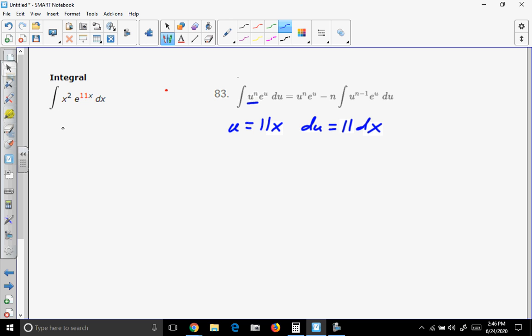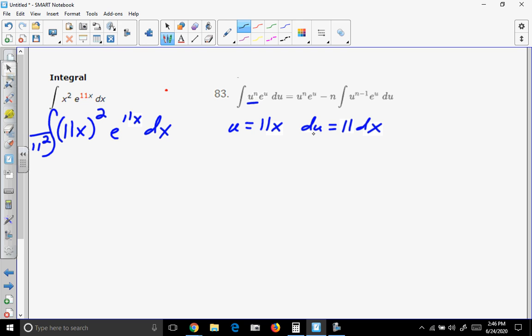We could make that 11x, so that this would be u and that would match. Notice if we were to square this, that would give us x squared, also picking up not just 11, but 11 squared. We can pick up an 11 squared there, so we have to pick up an 11 squared on bottom there.